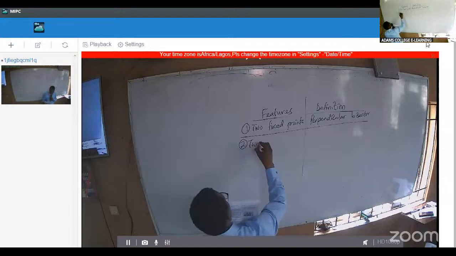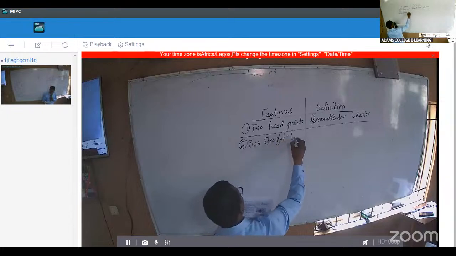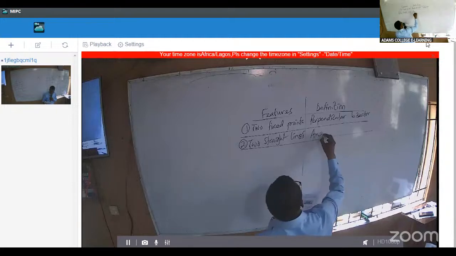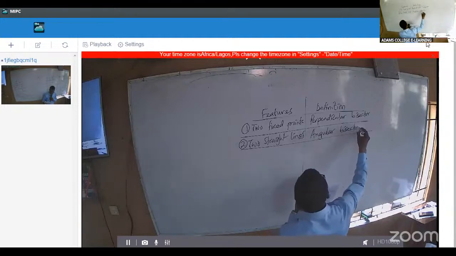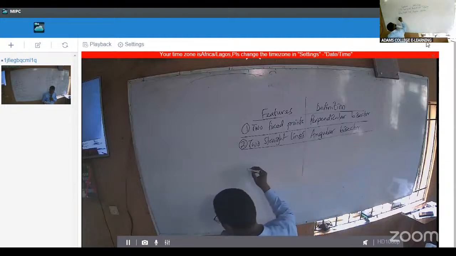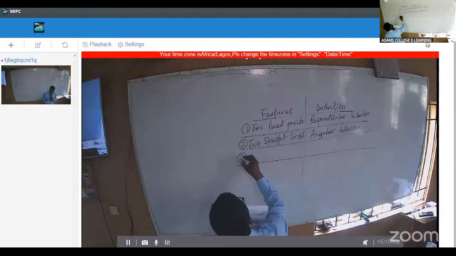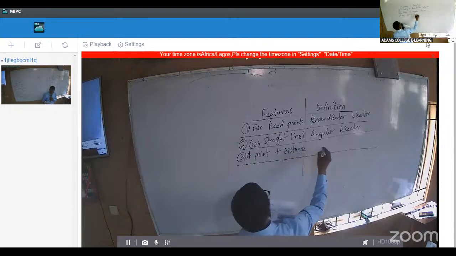Then two straight lines. Once I give you two straight lines, they are referring to angular bisector. And number 3, once I am given a point plus distance, they are referring to a circle.